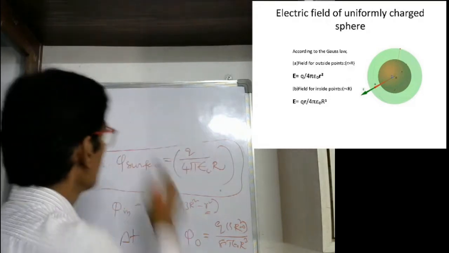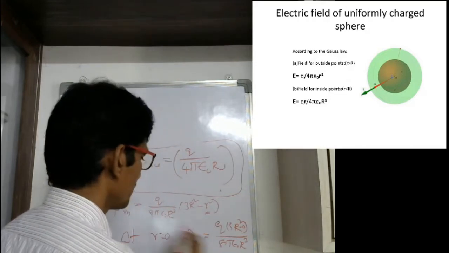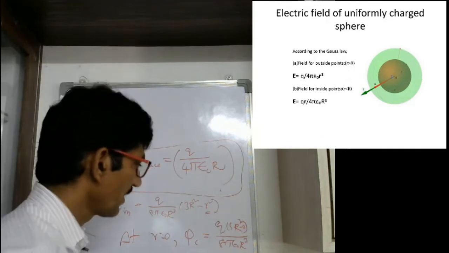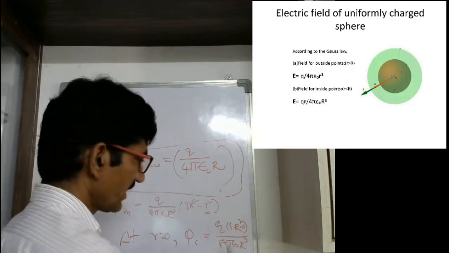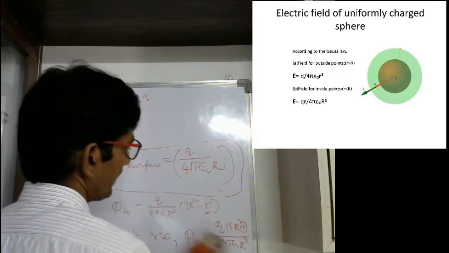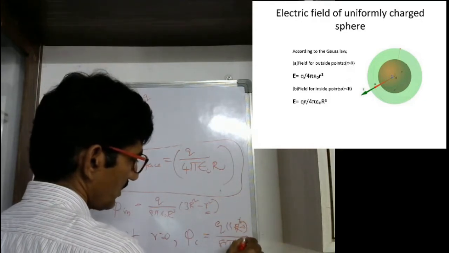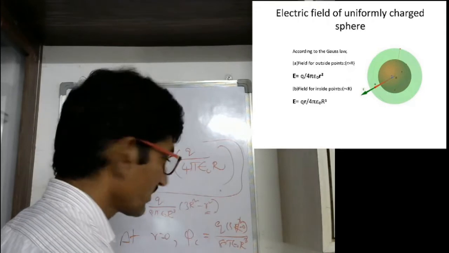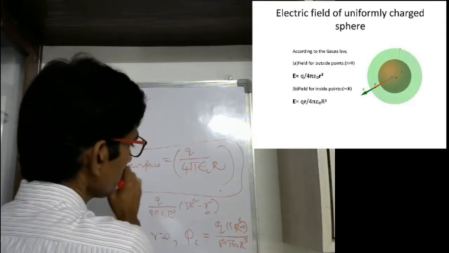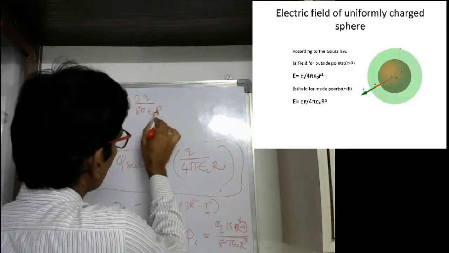You may write also center C. So phi C is equal to, this is minus 0, means you have to retain only the first term. Then what happens? 3q, r square cancels, you are left with 1 r. So what is your expression? 3 q by 8 pi epsilon naught r.